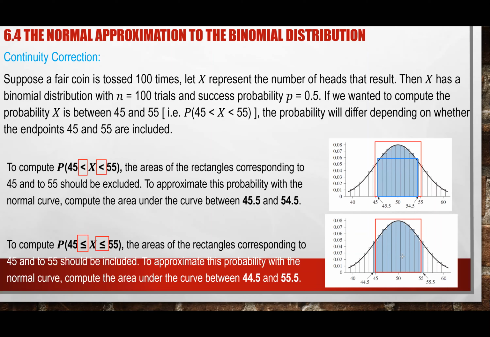To include this, I have to make it a little bit bigger, so I expand my interval out, and my interval now becomes 44.5 to 55.5, okay? Like I said, we subtract 0.5 here and we add 0.5 here, so we make this interval bigger so that we include the endpoint, okay?